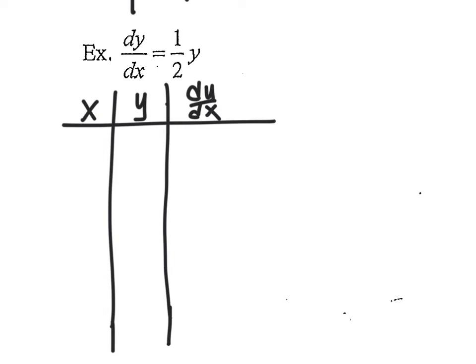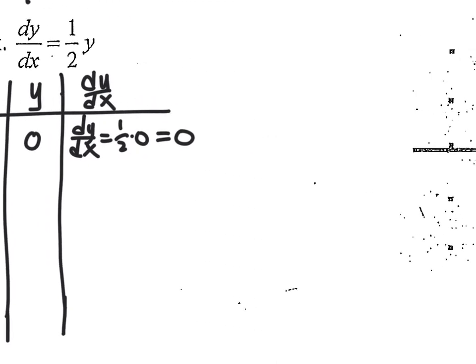But I'm going to go ahead and plug in the point (0, 0). I always start with the origin. If I plug 0 into my differential equation, I get dy/dx is equal to 1/2 times 0, which just gives me a slope of 0. So at that point (0, 0), I'm going to draw in a slope of 0.